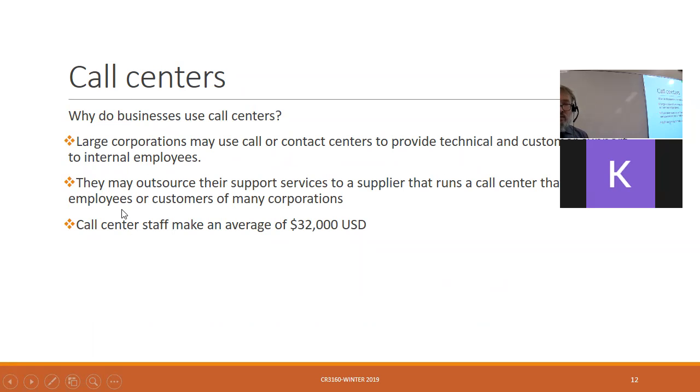So I've already mentioned the idea of the call center. Often you'll find that the call center is shared among different companies, and that just makes it more efficient. And there's some points there about efficiency. I mean, $32,000 a year. It's probably not something that most of you are aspiring to. You probably want a bit more money than that, you know what I mean?